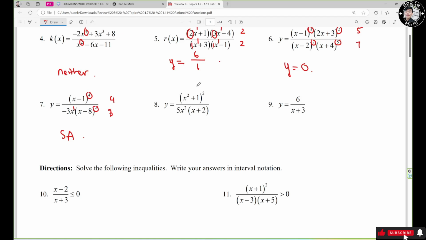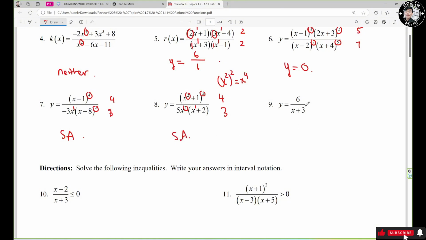Now number 8, the degree of the numerator is 2 and 2, so the total is 4, since a power of 2 gives a power of 4 altogether. The degree of the denominator is 2 and 1, so it turns out to be 3. So the degree of the numerator is 1 unit greater than the degree of the denominator, and we have the slant asymptote.